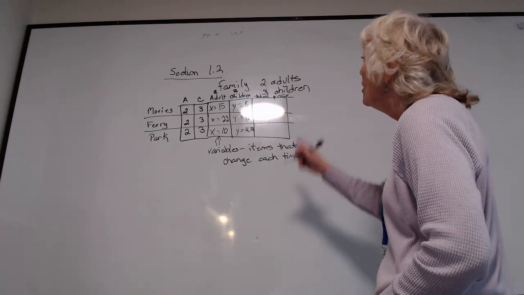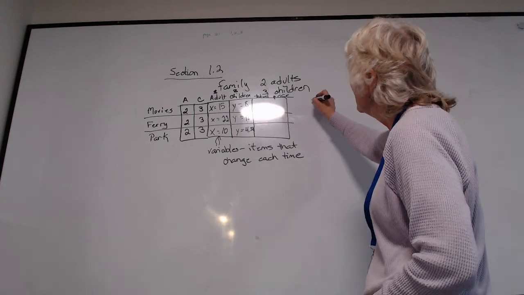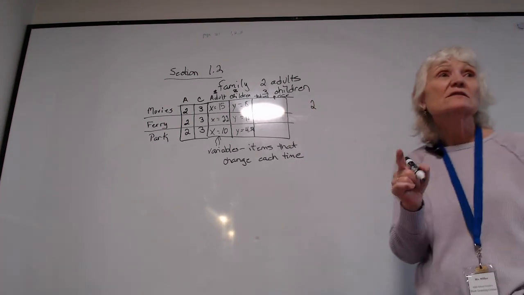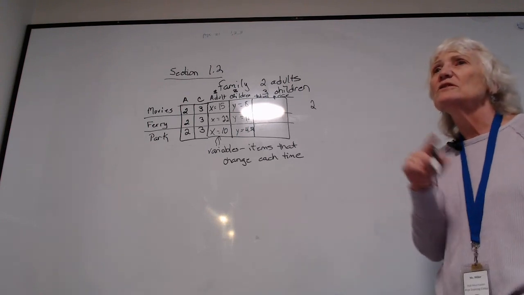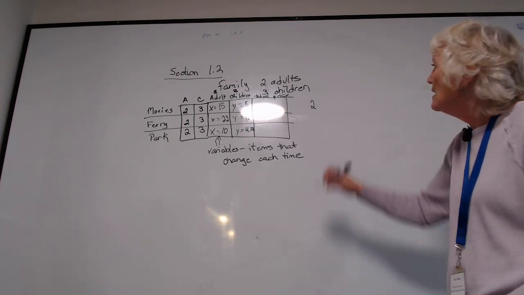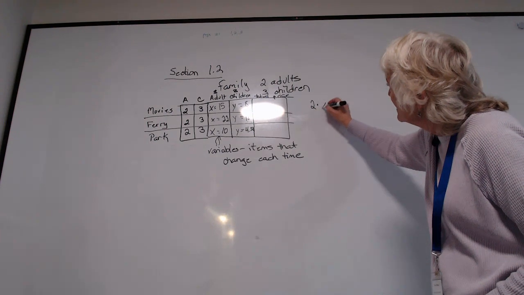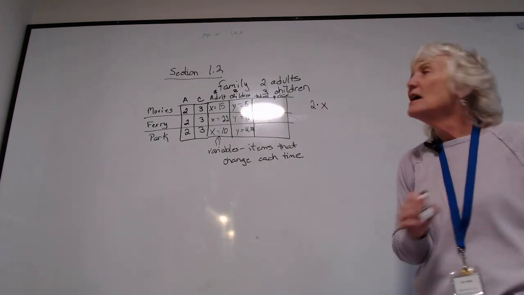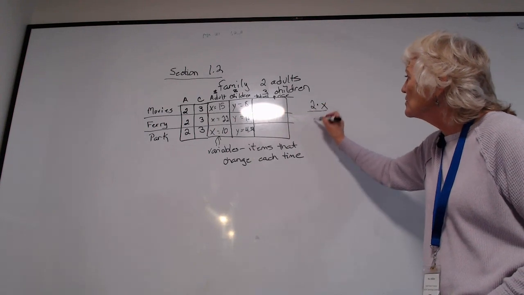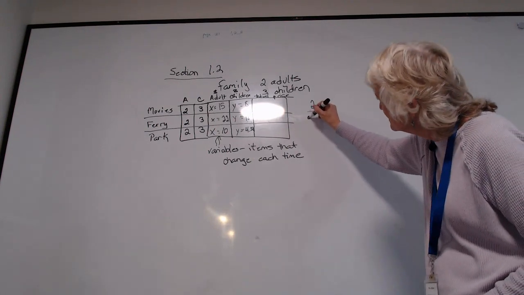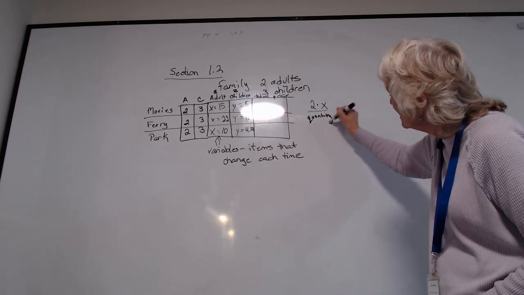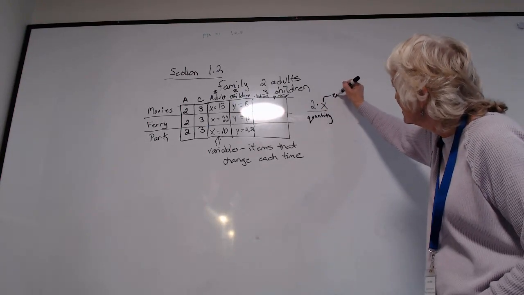Okay, so it looks like our formula is 2 adults, right? Because that stays constant. In this situation, the 2 adults is staying constant. Times the X variable, which is the cost of an adult price ticket. This is something we use, quantity, we'll use a lot when we're making up things, and this is cost.